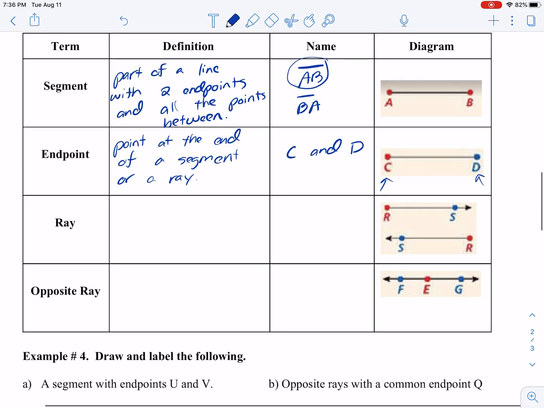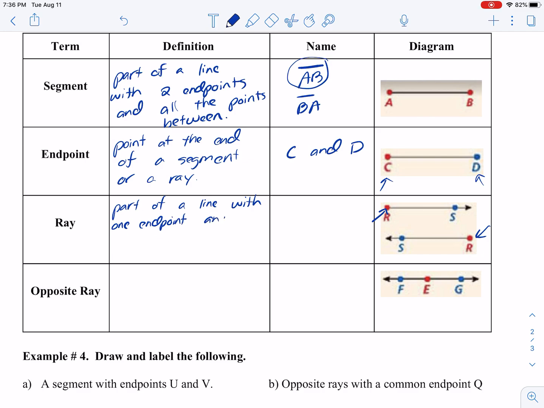You might be able to guess what a ray is. A ray has 1 endpoint. So it's part of a line with 1 endpoint and extends in one direction without end.